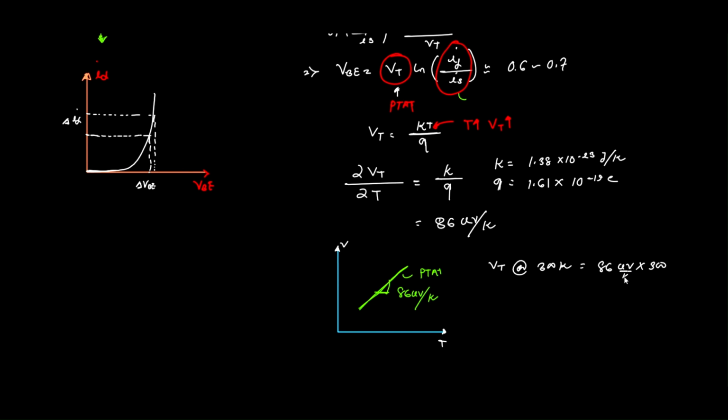Obviously, this is microvolt per Kelvin times Kelvin. So finally, we can get 26 millivolt.